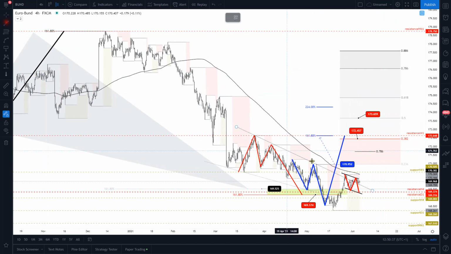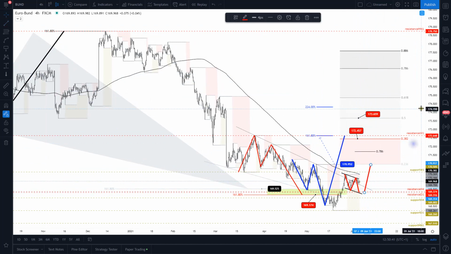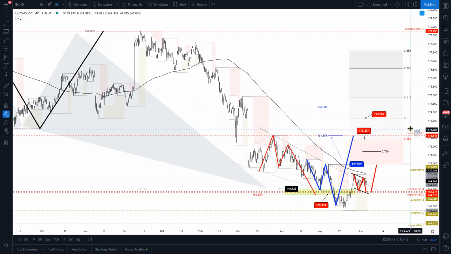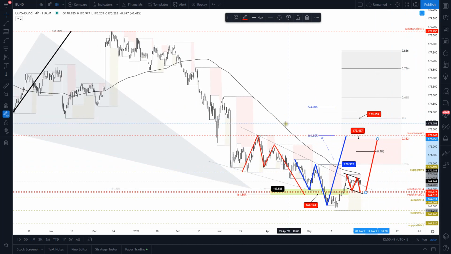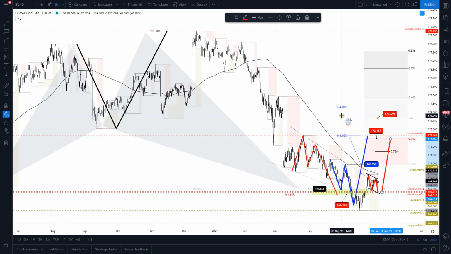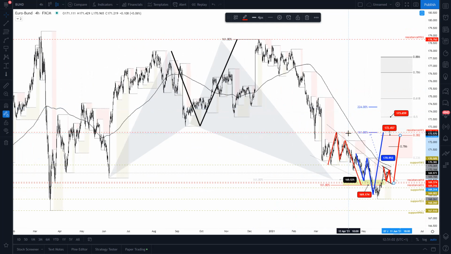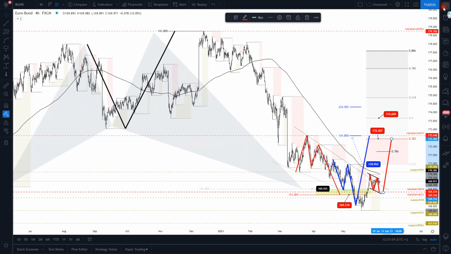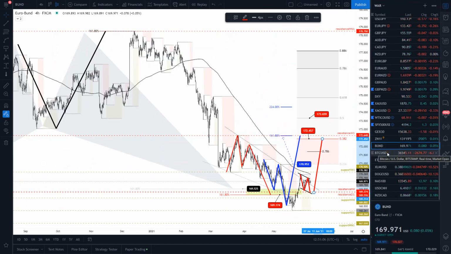But ultimately, even if the market decides to pull back, I admit a new bounce and at least one attempt to approach these previous structure highs. The default target after the violation of this wedge, I will target the highs of the wedge in this case. So let's see how the Bunds will react also.